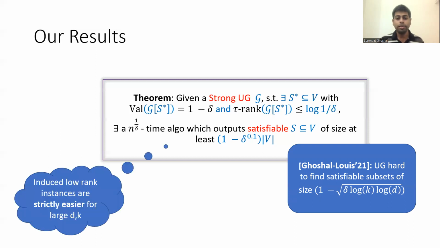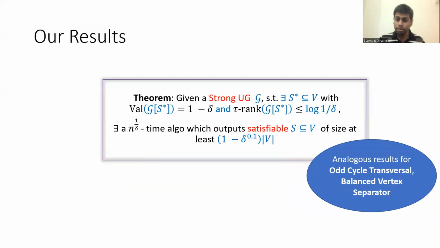On the other hand, this theorem is independent of the parameters d and k. So essentially, this is saying that strong unique games is strictly easier on low threshold rank instances, in fact, even induced low threshold rank instances when d and k are large.